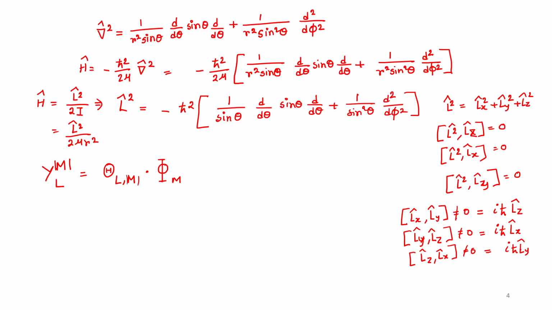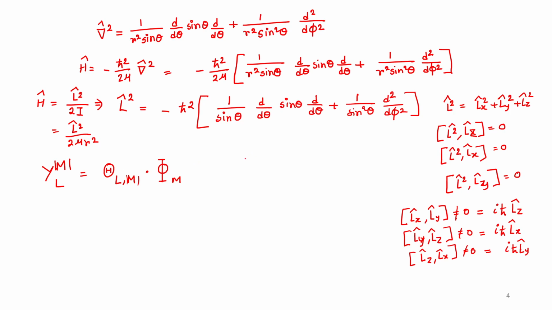L, in the hydrogen atom problem, is known as the azimuthal quantum number. I am giving you these names because I think you have already gone through the lectures about the hydrogen atom. So there is a theta dependent part and a phi dependent part.